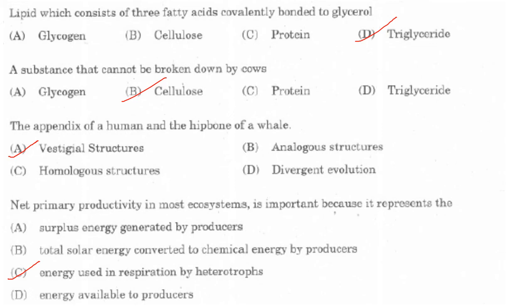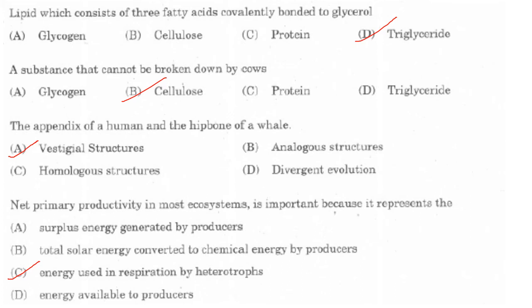cow. The appendix of human and the hip bone of whale are vestigial structures. Answer is option A. What are vestigial structures? These are structures that are part of the animal that are no longer functional.